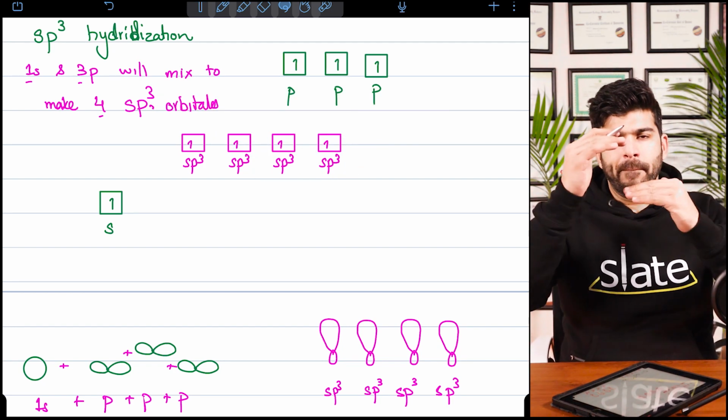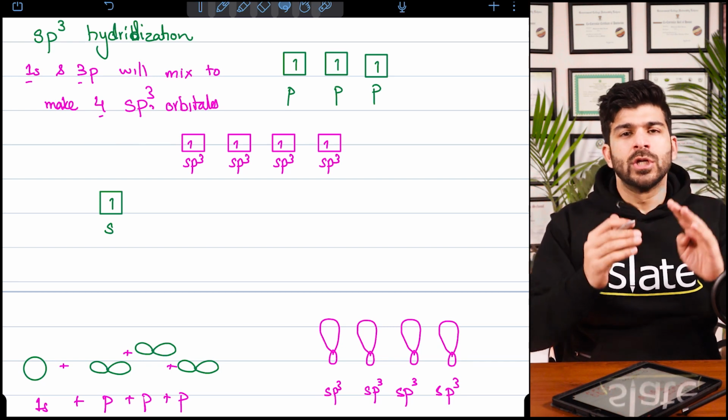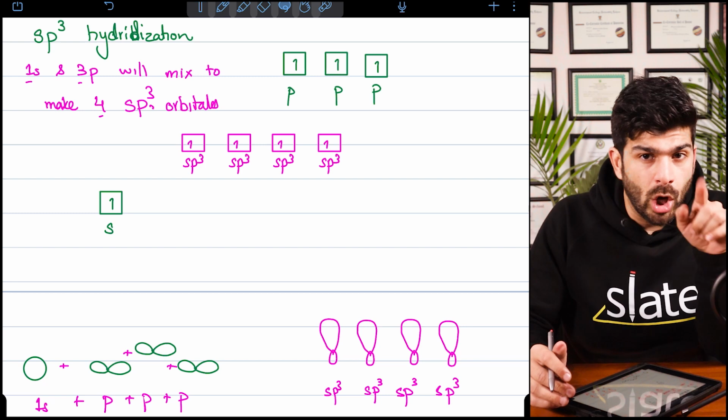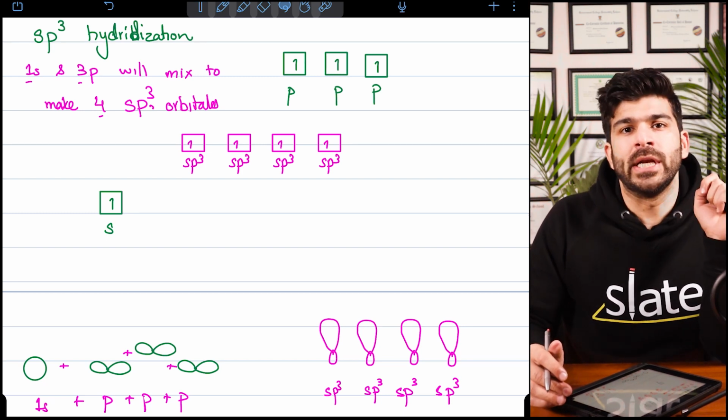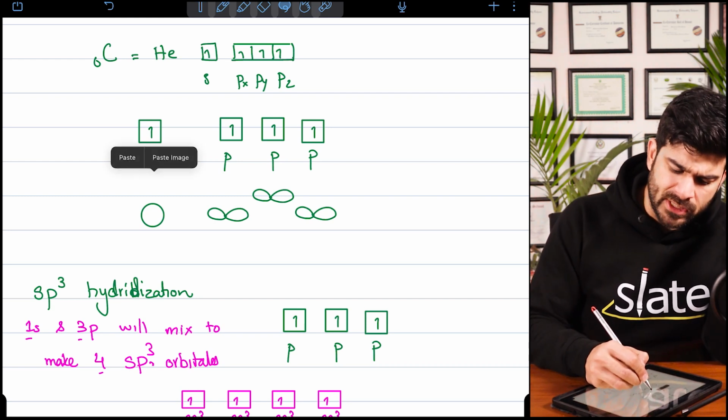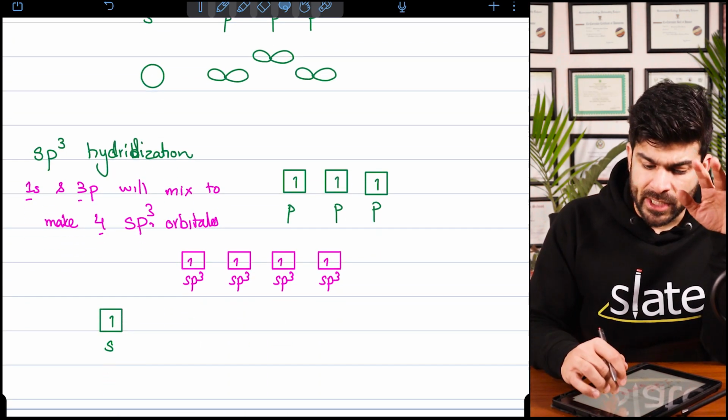Now we've got 4 sp3 orbitals. They're all equal in energy. Otherwise, carbon had one lower s orbital, 3 higher p orbitals. But this time the energy becomes equal.